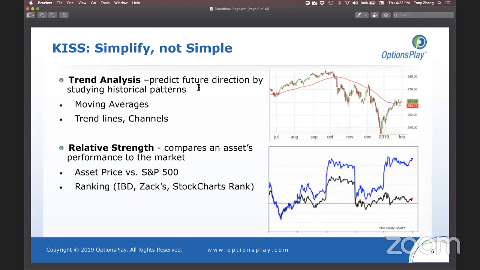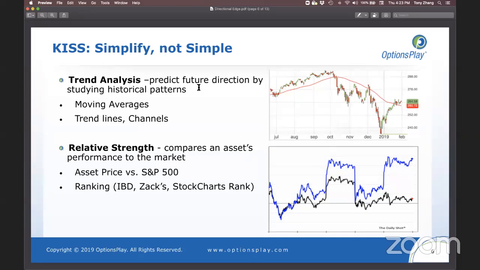Relative strength gives you a sense for how an asset is doing compared to other assets. And this is really the full picture that you want to see. You don't want to just see one or the other. So what we really want to show you is how you can combine these two indicators together to get a sense for a directional view.